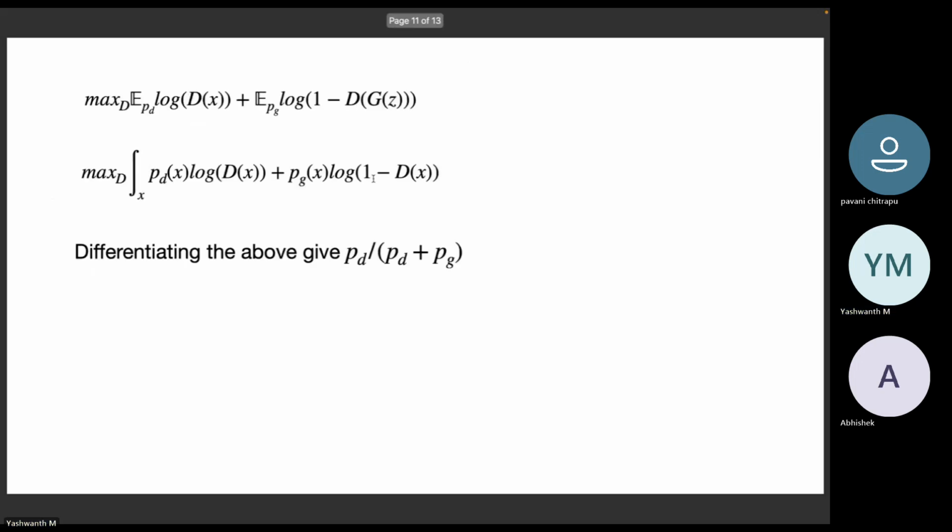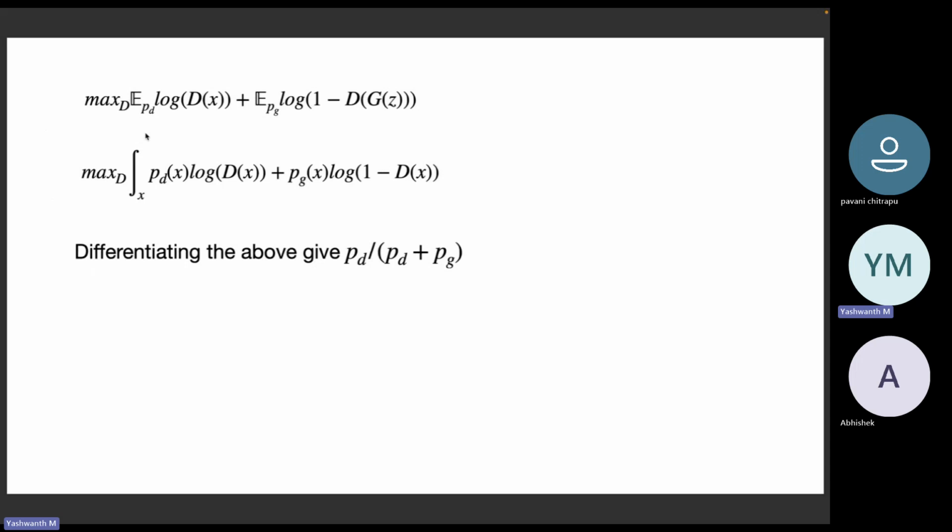This is simple. This is the objective function, because the generator is given to us and there's nothing with respect to the generator we want to optimize. This quantity is the same as this thing.